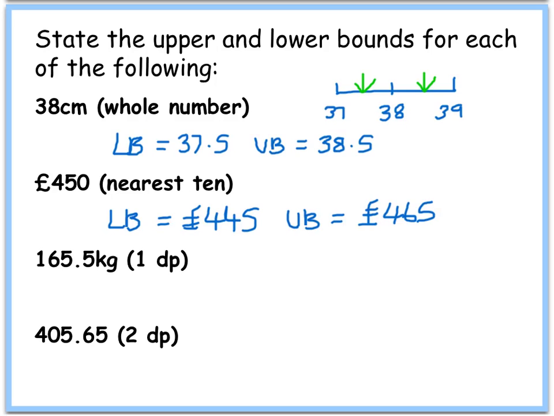165.5 kilograms to the nearest one decimal place. Well, again, if you need to draw yourself a little picture, if I've got to one decimal place, I've got 165.5, and then the next one down would be 165.4, and one up would be 165.6. So I've just got to find halfway in between those again.